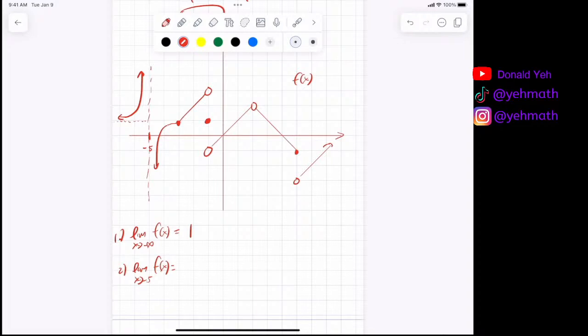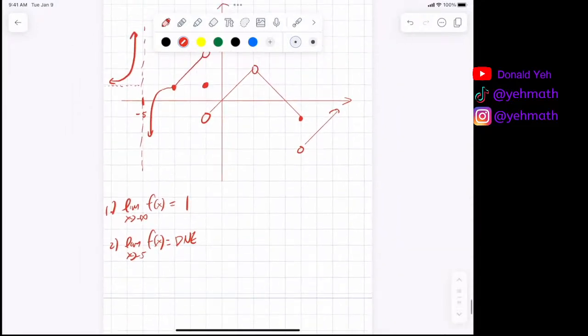Kelly, does it not exist? Yep, does not exist. Thomas, do you know why? Because one's going to positive infinity, one's going to negative infinity. If I go to one number, -5, you should look at both ends, right? Because it just has to approach.